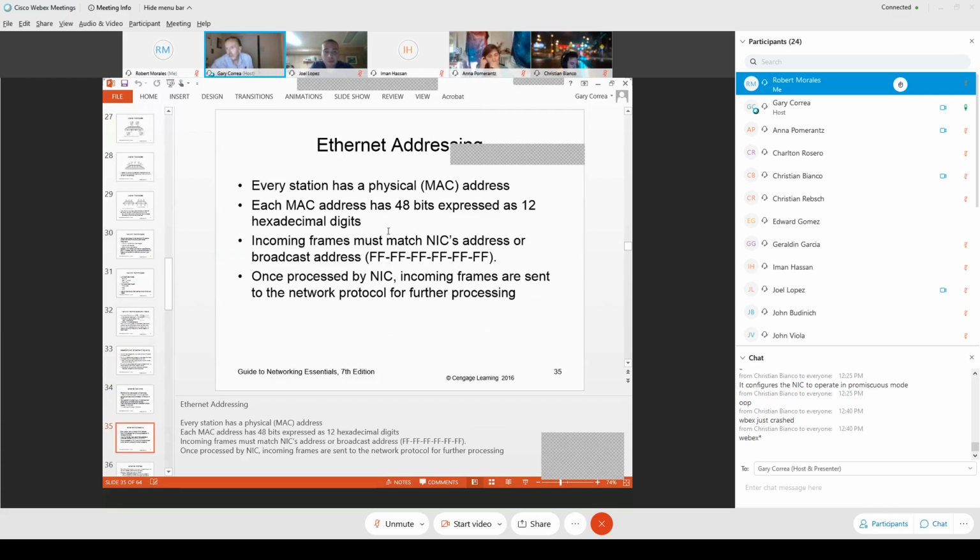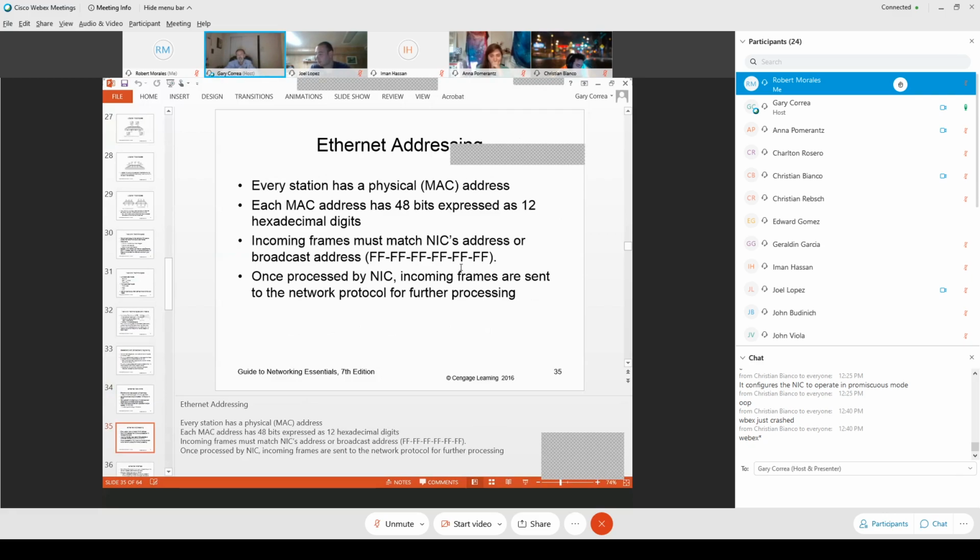So if this is 4 binary ones, and this is 4 binary ones, and this is 4 binary ones, what do I end up with? I end up with 48 binary ones. Well, what is 48 binary ones? The same broadcast address we just practiced in the questions at the end of the last chapter. So this is the same MAC address with the same hexadecimal with the same broadcast address.